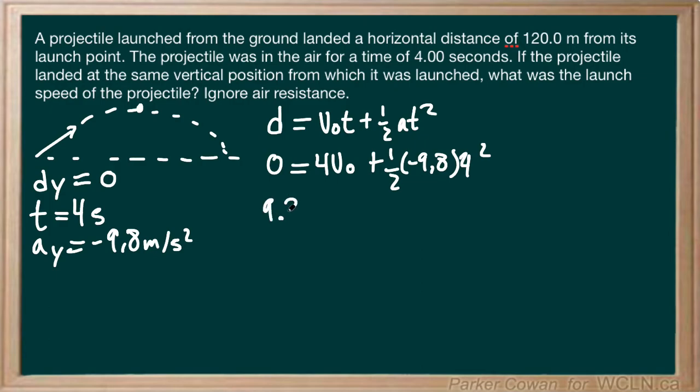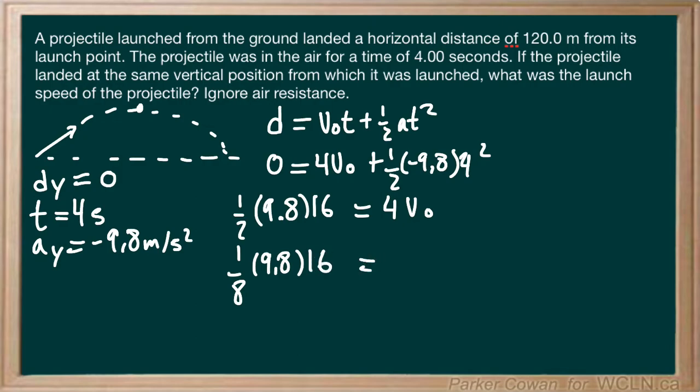So we'll have 1/2 times 9.8 times 4 squared, which is 16, equal to 4 V0. Then we just divide by 4, so this becomes 1/8 times 9.8 times 16. If you plug that into a calculator, you get 19.6.